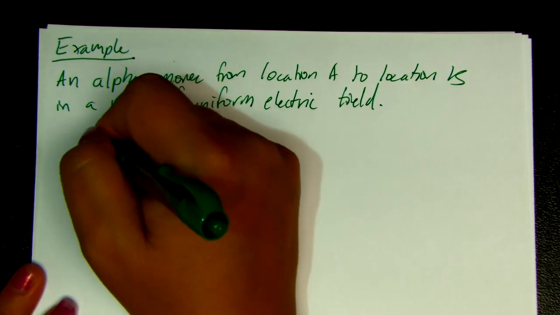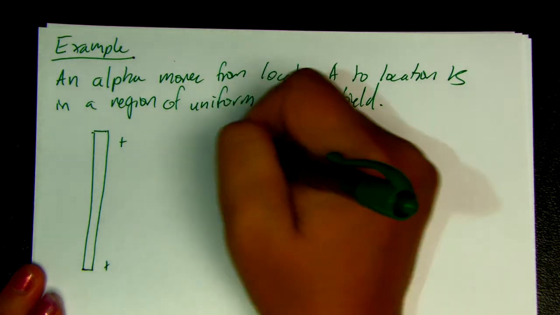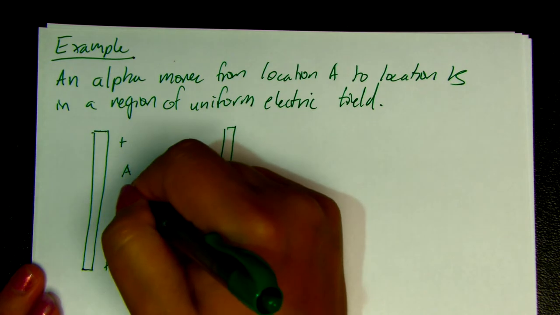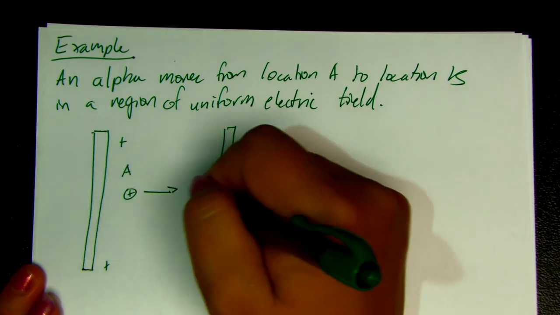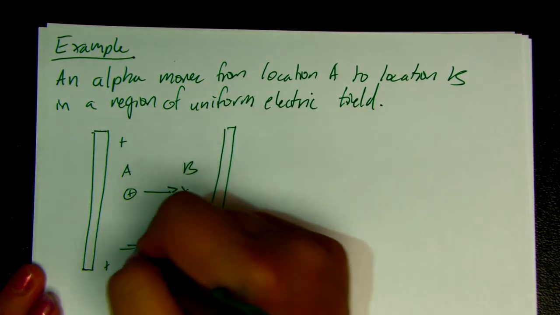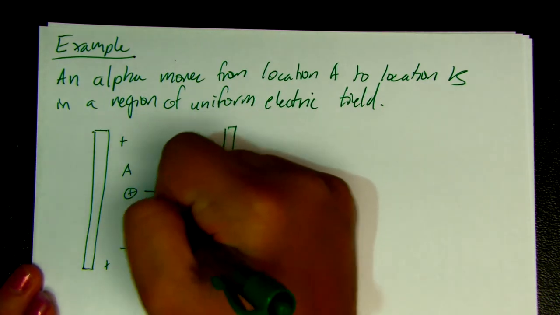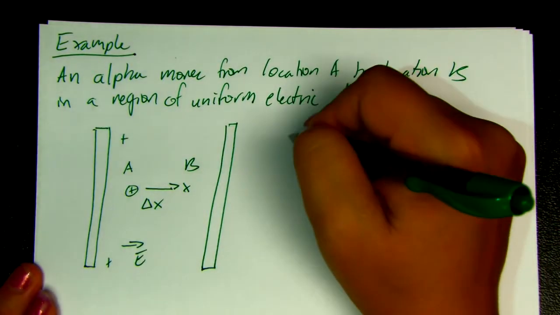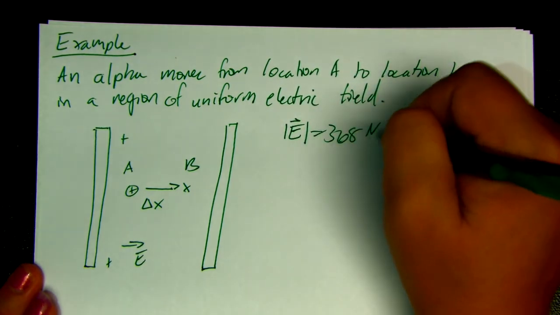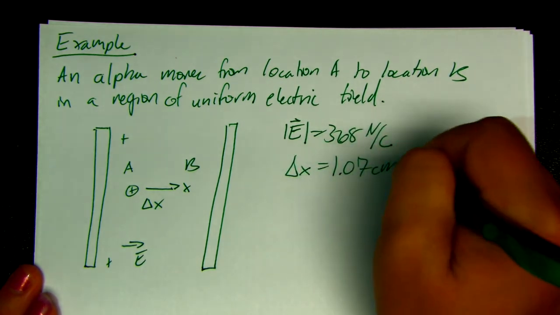Okay, so if we look at a drawing, I'm going to give you a few more values. So positive plate, our field, and then our delta x from A to B. So the field is equal to 368 newtons per coulomb. Delta x is equal to 1.07 centimeters.